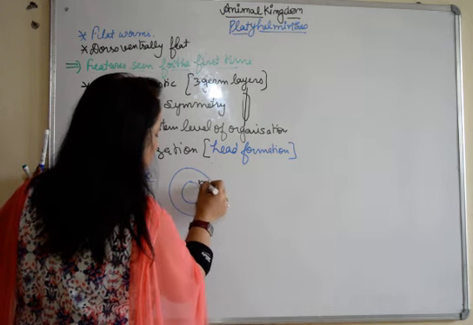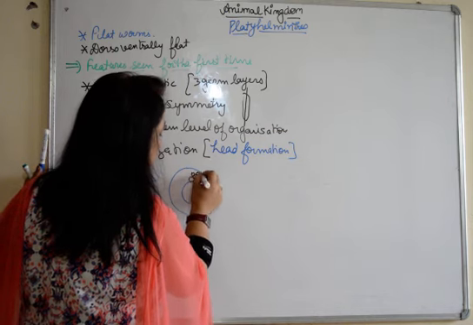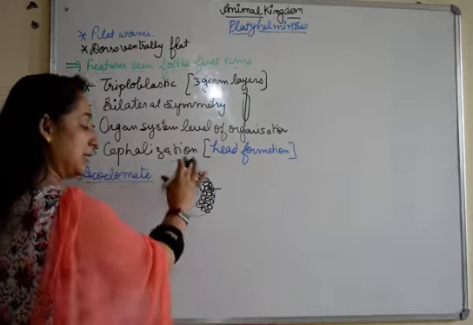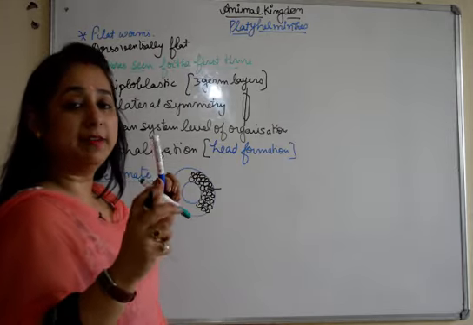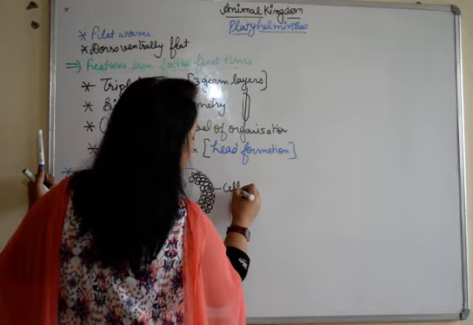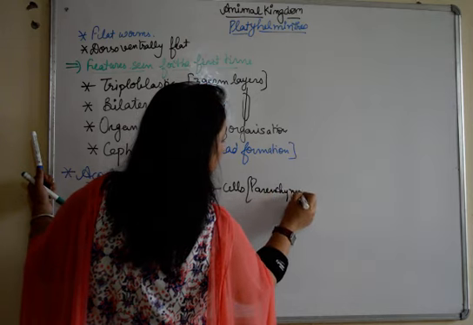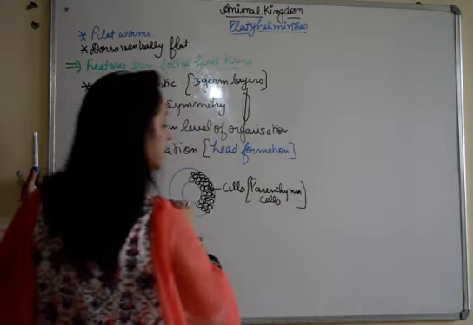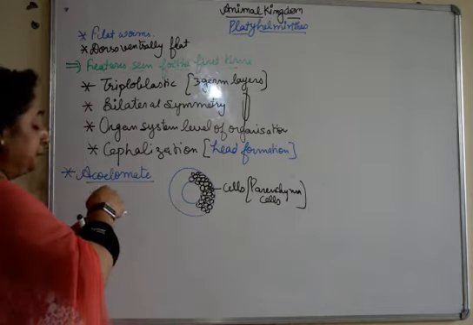Now this term we hear in plant kingdom, but these type of cells are also known as parenchyma cells. So the cavity is there, but it's a pseudo cavity. That means it's a false cavity filled in with cells, and these cells are known as parenchyma cells. Fine. So they are acoelomate but show a pseudo-coelomate, false coelomate.